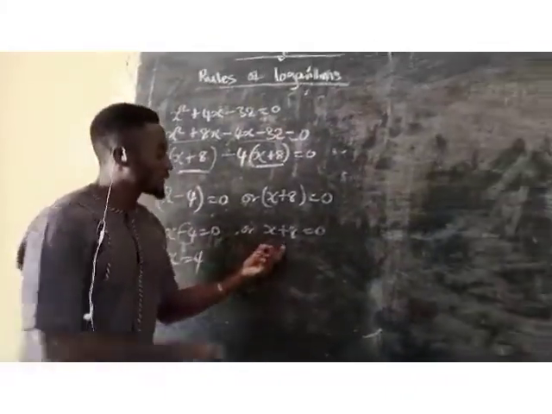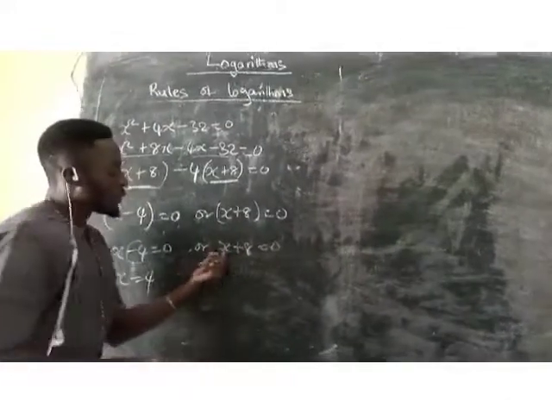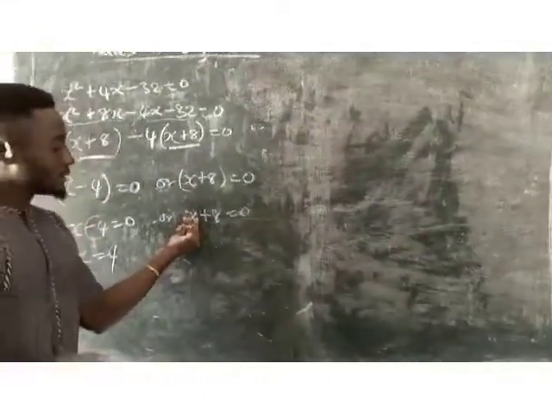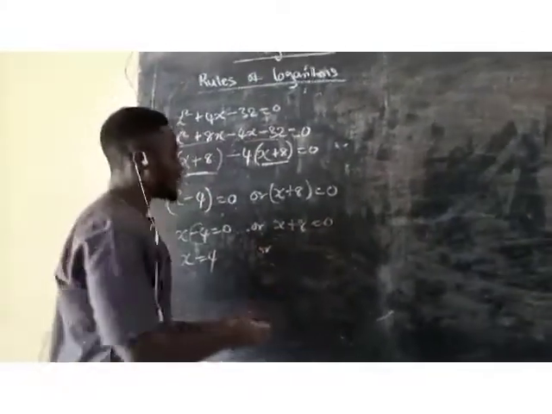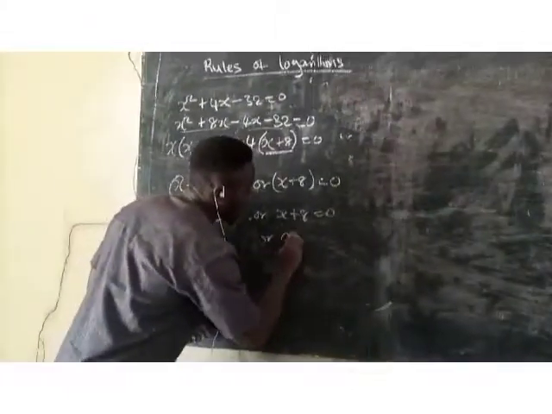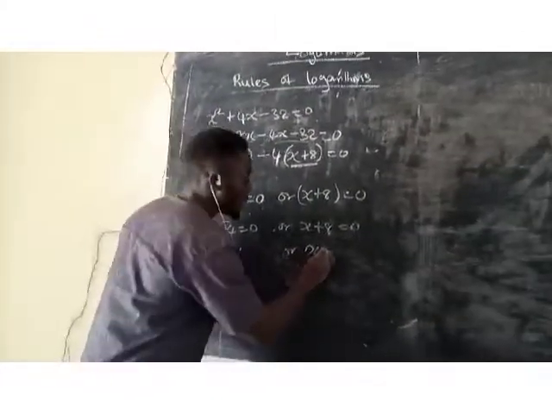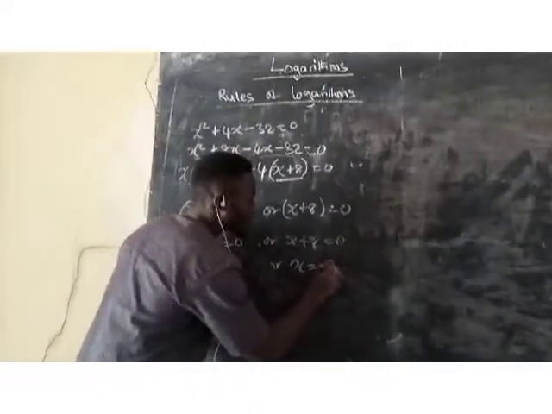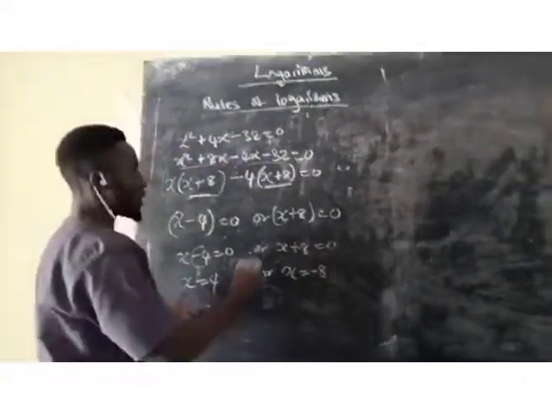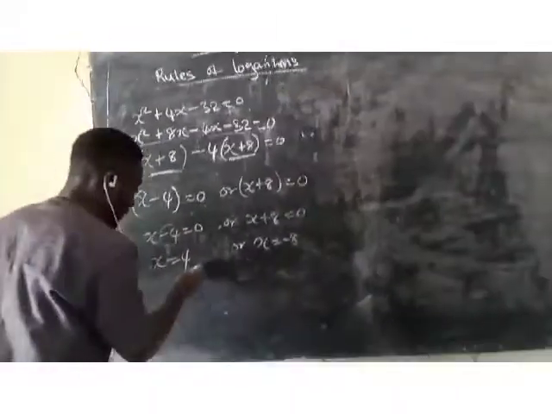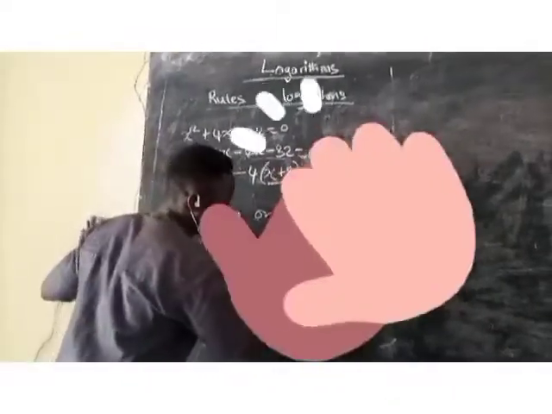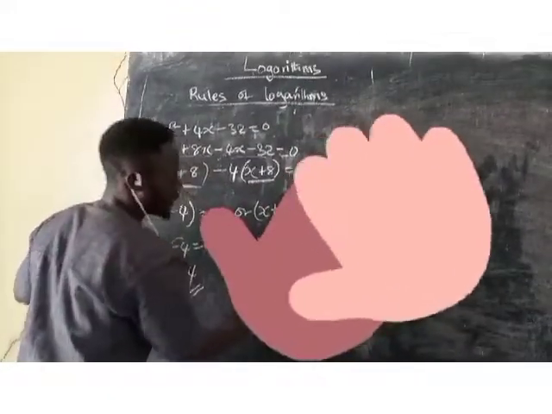And when we take this positive 8 to the other side, it changes to negative 8, which is x. Now it becomes negative 8. So when you solve the whole quadratic equation, it will result that x is equal to 4, or x is equal to negative 8.